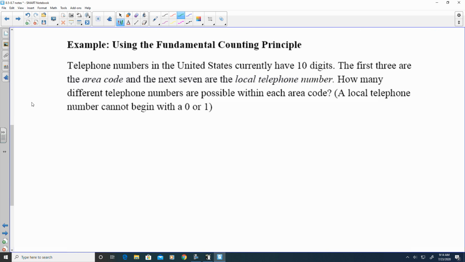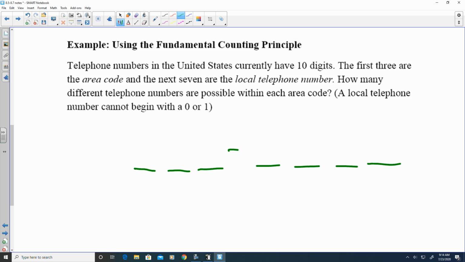Our telephone numbers have 10 digits. The first 3 are the area code, the second 7 are the local telephone number. We should know that at this point. How many different telephone numbers are possible within each area code? So we are only concerned with that last 7 digits. The local telephone number cannot begin with a 0 or 1. So in that first slot, I don't have 10 digits worth of options.